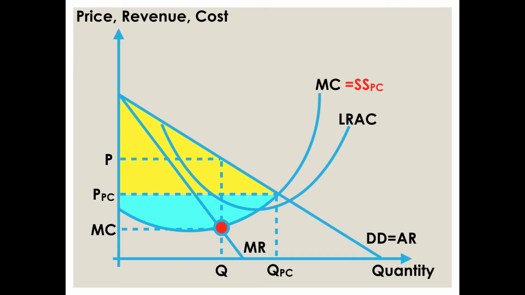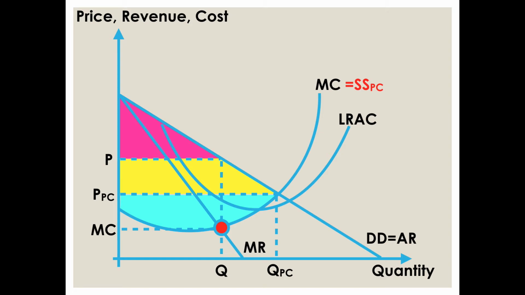Now let's compare the consumer and producer surplus in the PC market to a market where there is a dominant firm. The dominant firm is charging a price of P and producing a quantity of Q. This means that the consumer surplus is now smaller and given by the pink triangle. For producer surplus in a market with a dominant firm, it's a little bit more difficult to deduce, but it still can be done. If you remember, producer surplus is the difference between the price the producer receives and the minimum price they are prepared to receive.